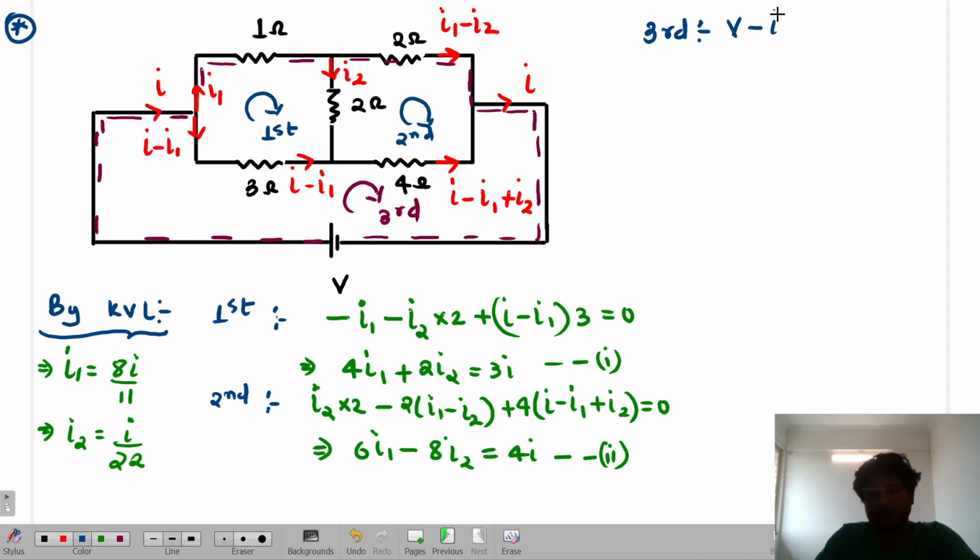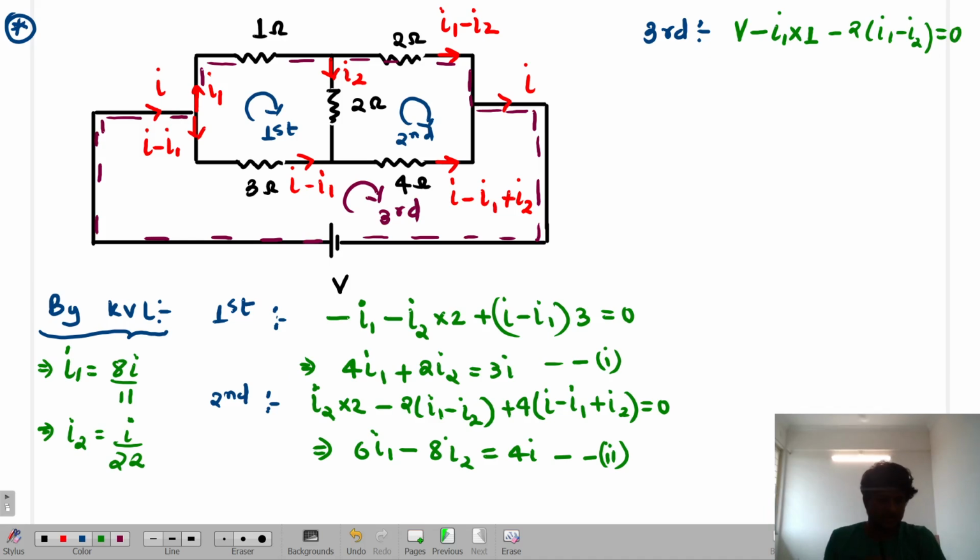So minus of I1 into 1. Let me write with green. So plus V minus of I1 into 1, isn't it? First this one. Then I have the second one, so it is also the same. So minus of 2 into I1 minus I2 is equal to how much? 0. Is that clear?